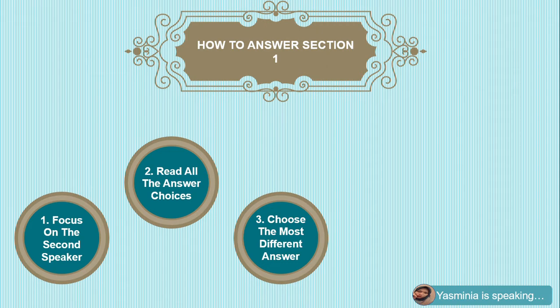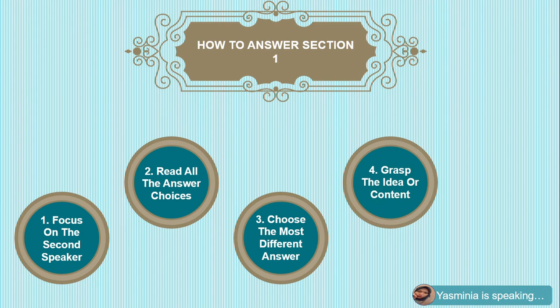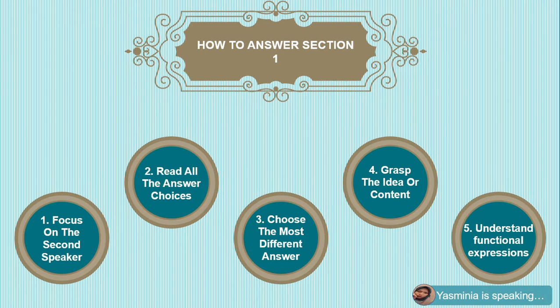Fourth, just grasp the idea or content of the conversation. And the last is understanding the forms of functional expression like agreement, uncertainty, suggestion, surprise, idiomatic expressions, and the situation in which the conversation takes place.